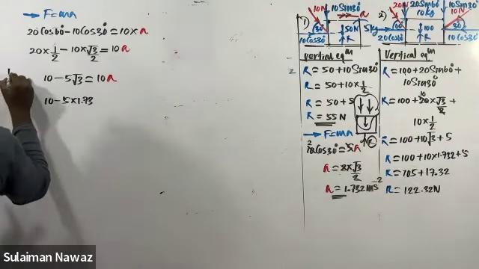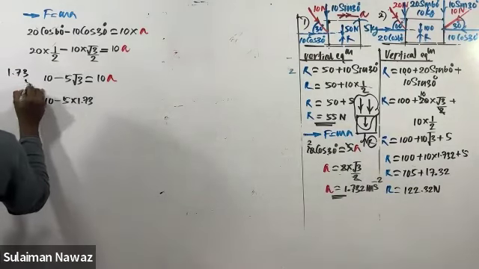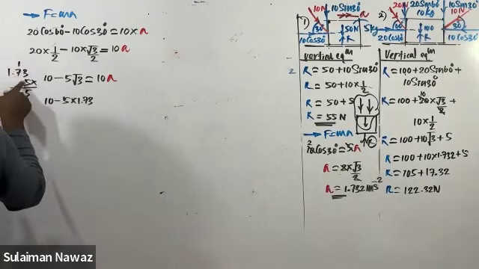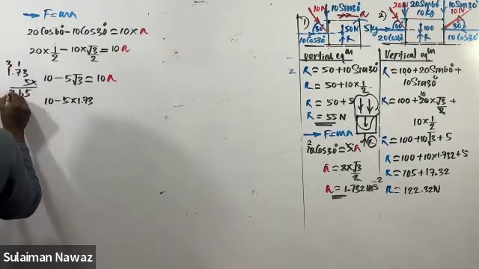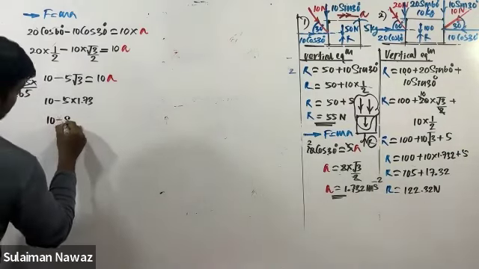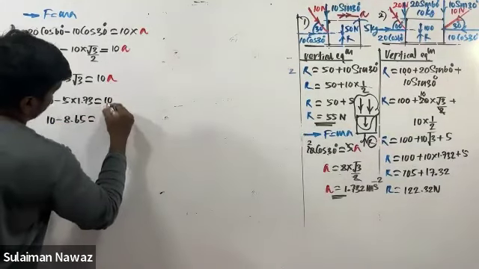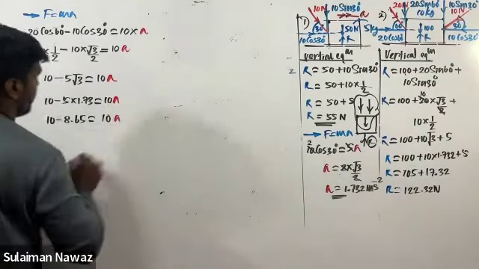And then when you multiply 1.73 into 5, how much? 5 into 3 is 15, 5 into 7 is 35 plus 1, 36. So 8.65. 10 minus 8.65 over 10 simply.